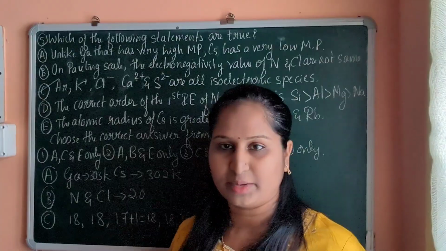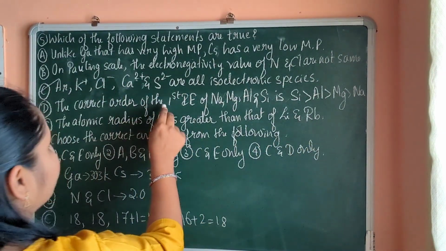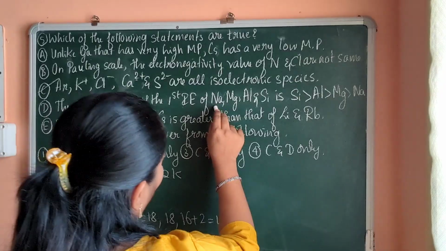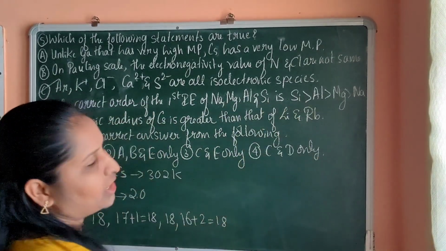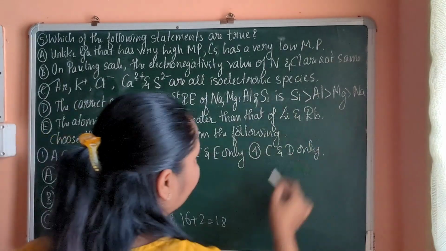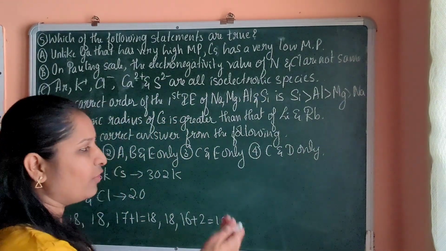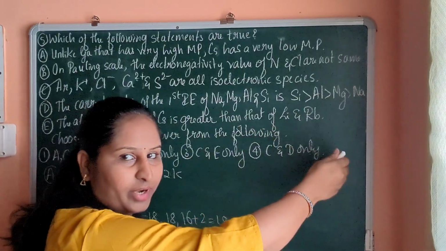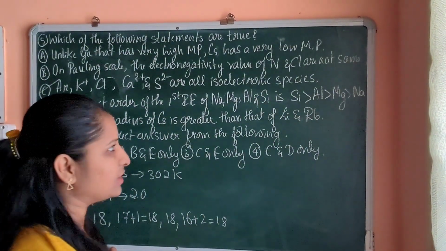Okay, then let me read out the fourth statement. The correct order of the first ionization enthalpy of sodium, magnesium, aluminium and silicon is, they have given the order here. For ionization enthalpy, when we move from left to right of the periodic table, the first ionization enthalpy is going to increase.